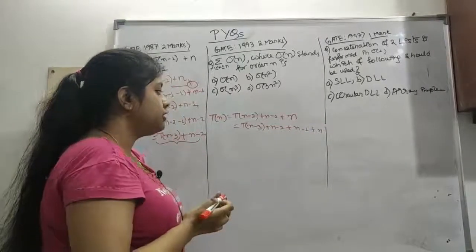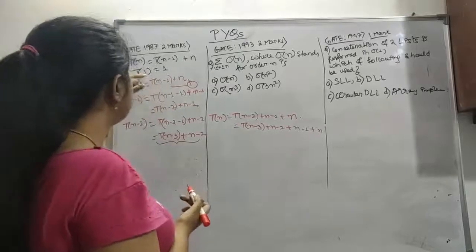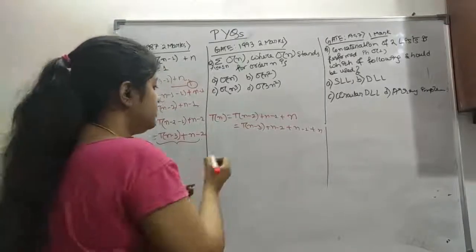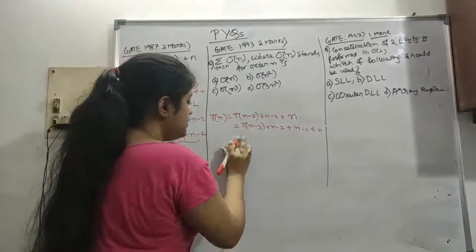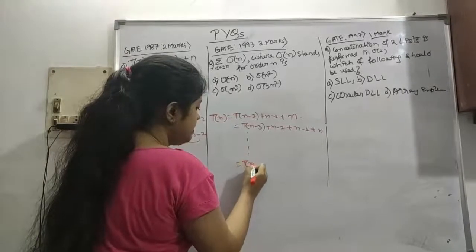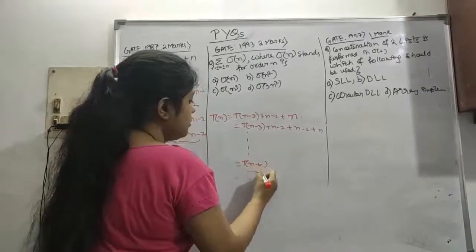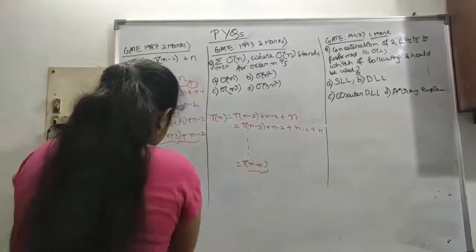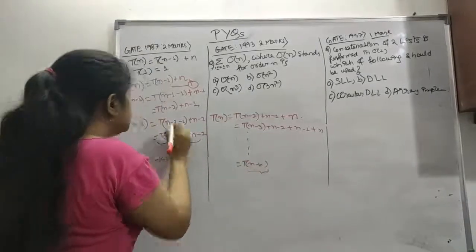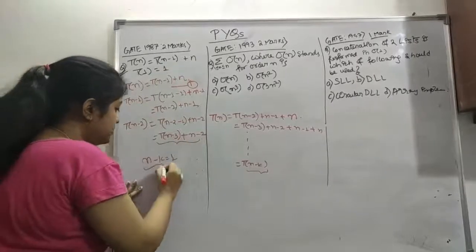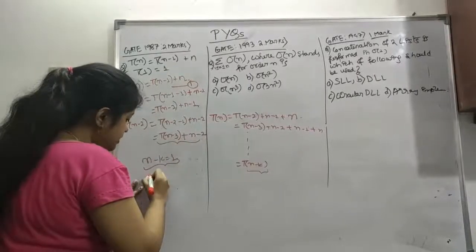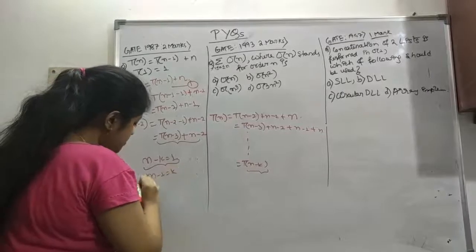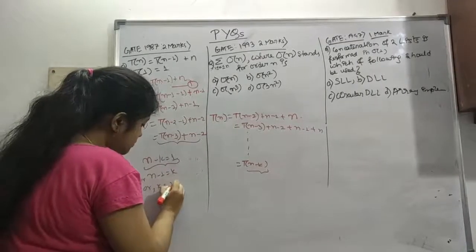Now we continue this equation until T(n-k), and the bounding condition is T(1) = 1. Let n-k equal 1, since this is our initial condition, so k equals n-1. The rest terms are n-k+1, n-k+2 and so on up to n.